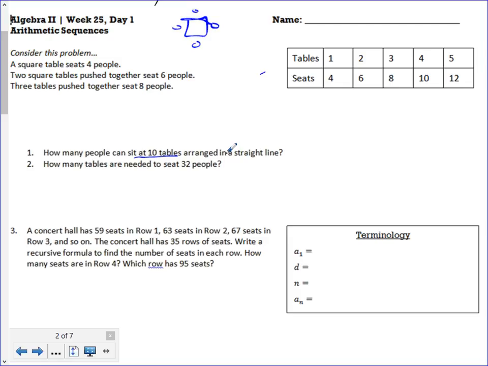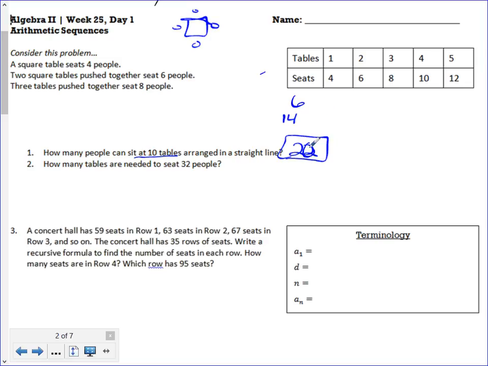Alrighty. Any thoughts, questions, comments, concerns? Yasmin. How'd you get that? So what'd you do for 6? So 14. Okay, so how'd you get to 22?